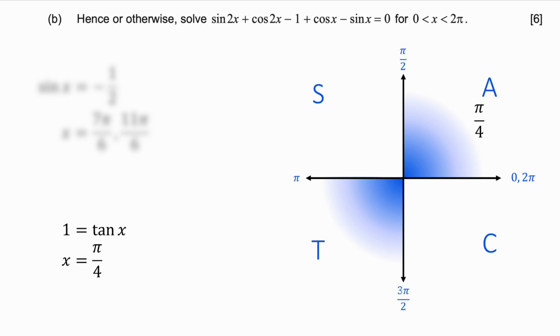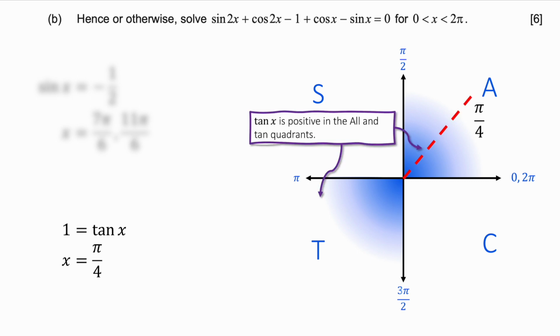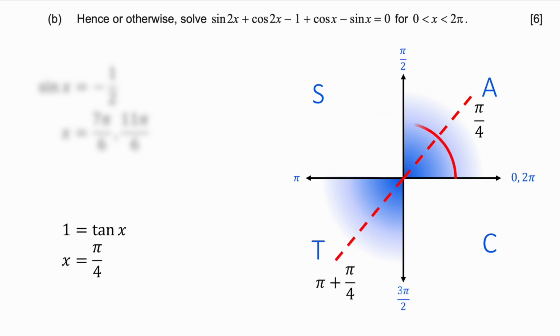Next one. Tan of x is equal to 1. And we know that's when x is equal to pi over 4. But this is repeated in the tan quadrant as well, because tan is positive in the all quadrant and in the tan quadrant. So we're also going to draw another line in the tan quadrant, and we're interested in that point there.